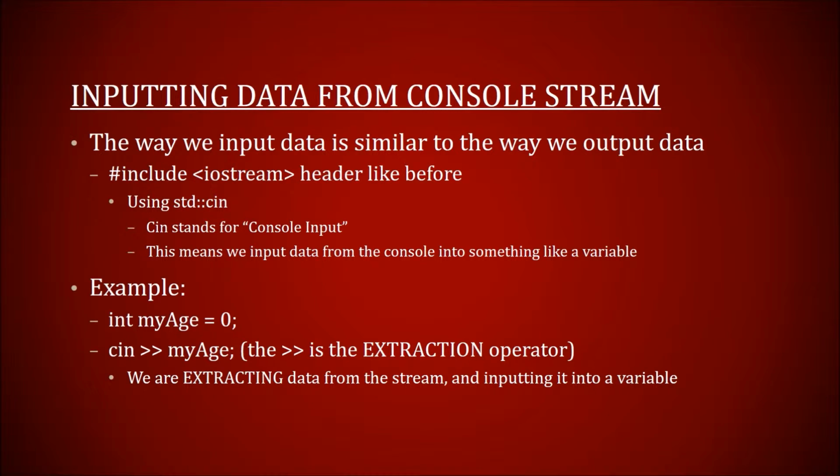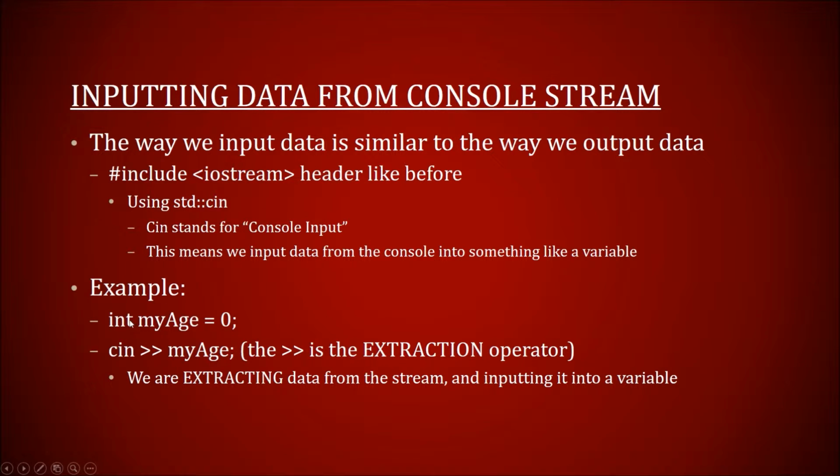And then we'll also be inputting data from our console stream. The way you want to do that is similar to how you output data. Before we used cout for console output, now we're going to use cin for console input, but we're still going to include that input-output stream header like before.